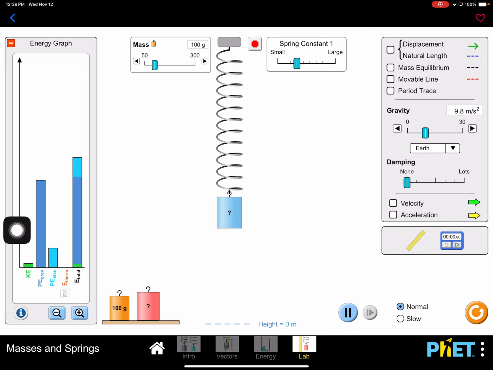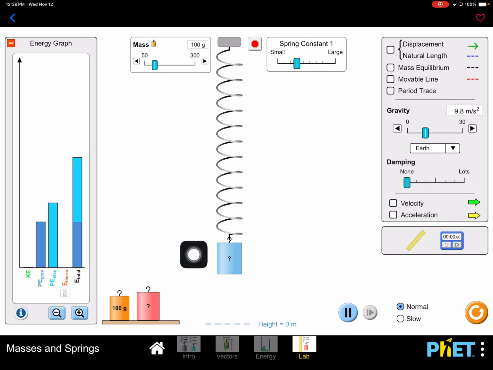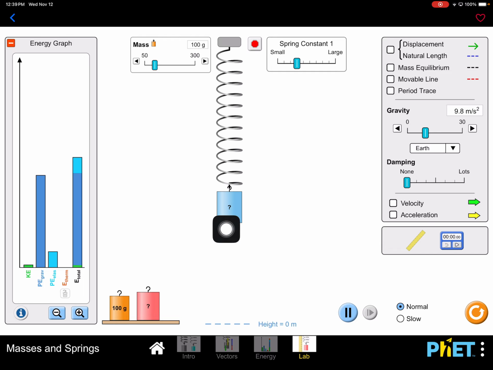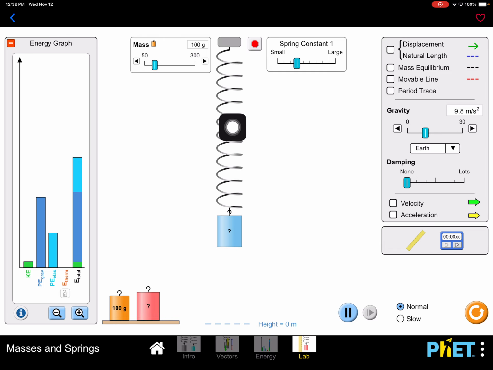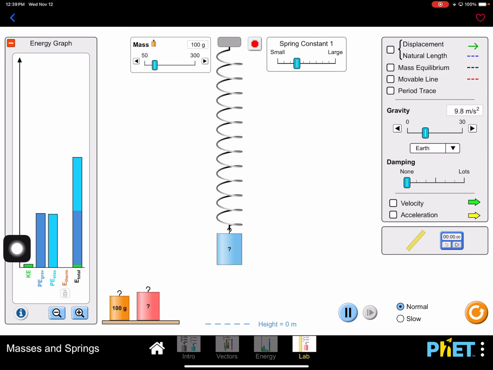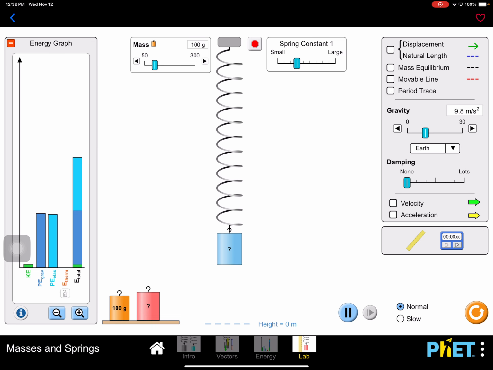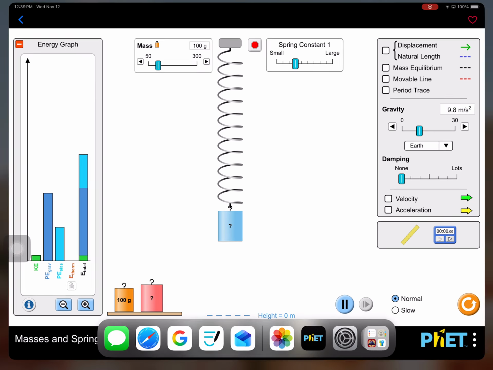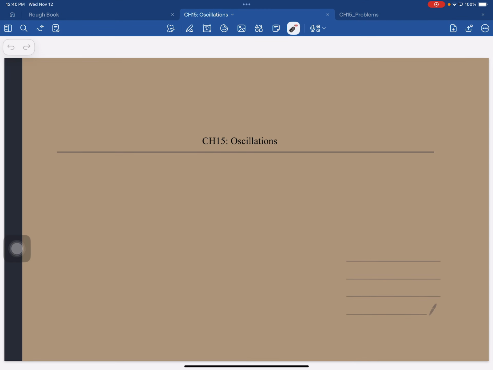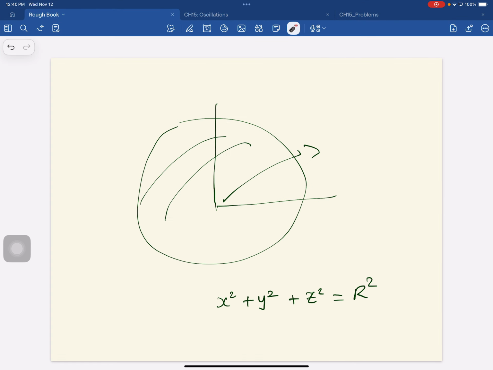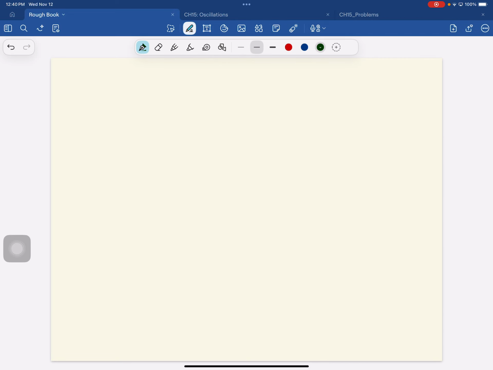And so for a system to oscillate, energy needs to go from one form to another and then back and forth. That's what's happening. So for instance, here's another simple system. You can imagine a valley, and a marble rolls down the valley.